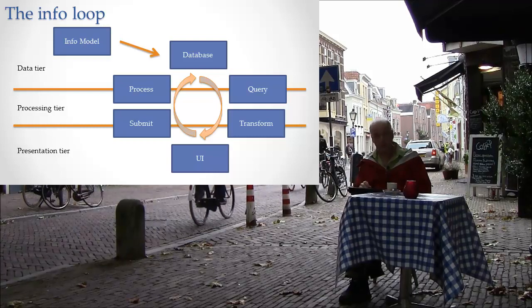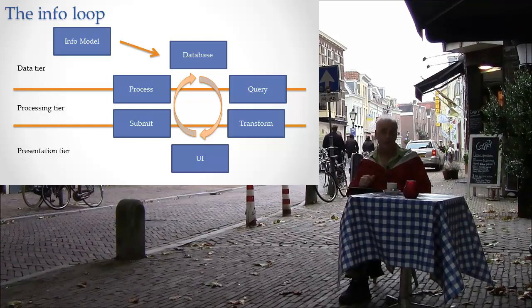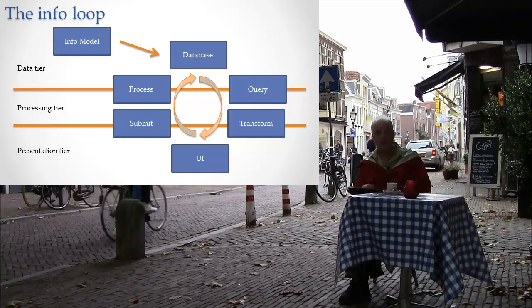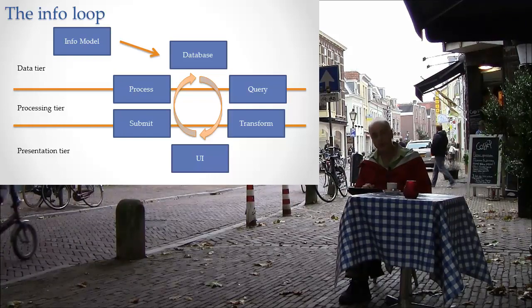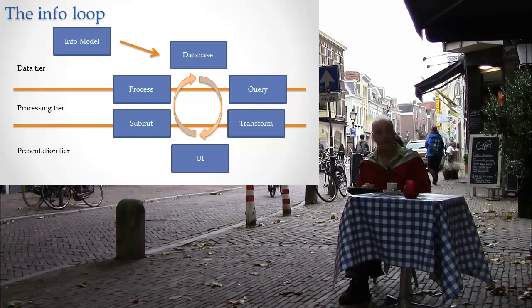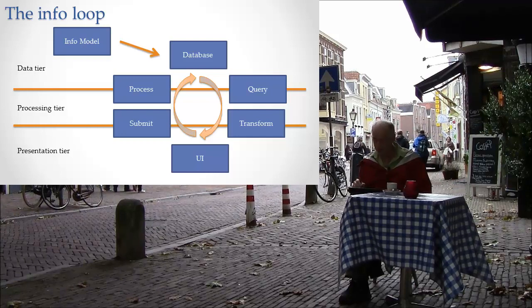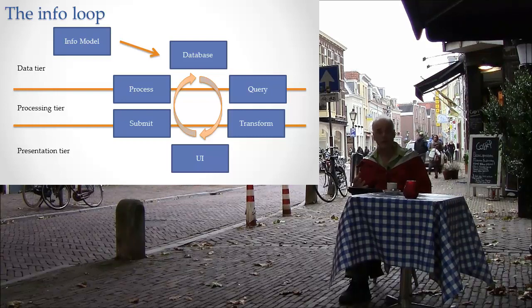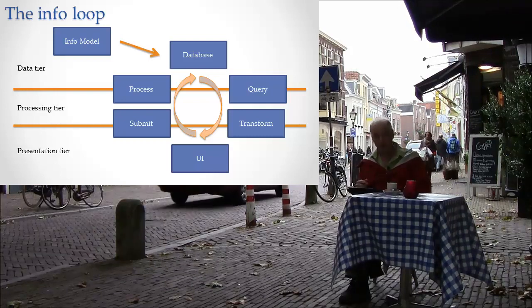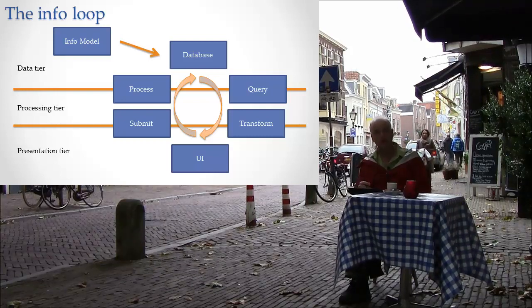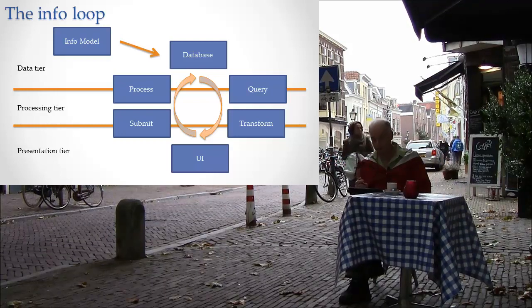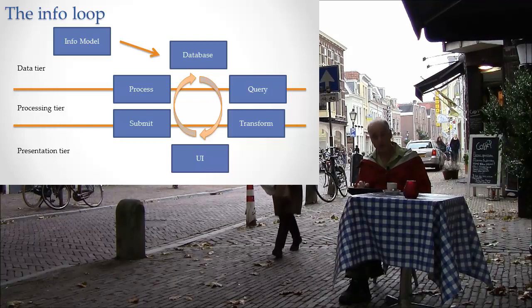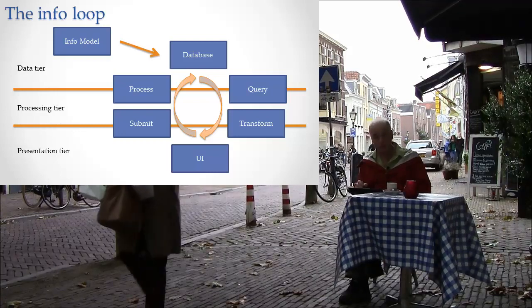They submit that form, meaning they give their information to the system in some way, and then some process happens. The process, generally speaking, is one where we validate the information, we make sure it's all the information, we make sure it's the right information, and we make sure that it's ready to go into the database. So that's what processing is about. It's about checking the information to make sure it's okay to go into the long-term storage. And then, of course, it gets stored in the long-term storage. And then the cycle repeats.